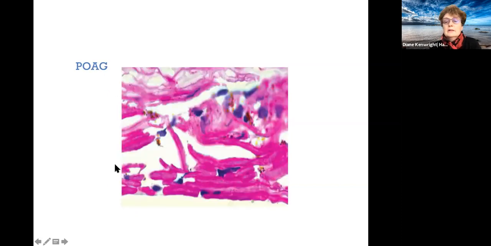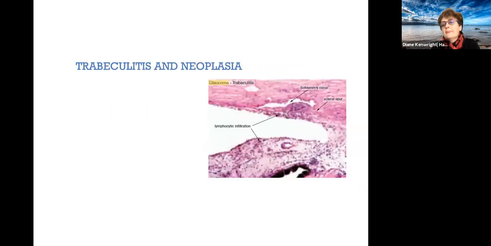Right, primary open angle glaucoma. This is again the PAS stain, we see some pigment in the endothelial cells of the trabecular meshwork, and also sometimes we can see that the fibers here are thickened, but otherwise it looks relatively normal up the front. Trabeculitis, right?